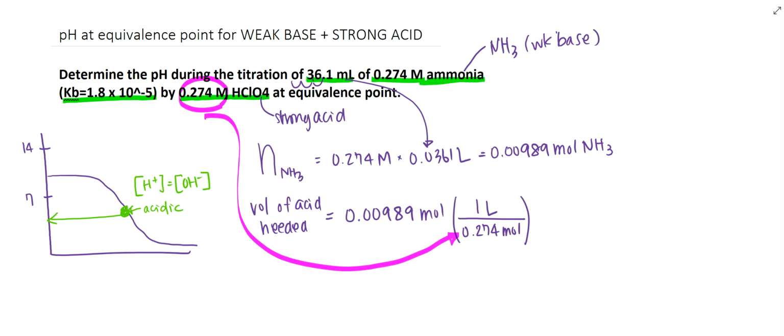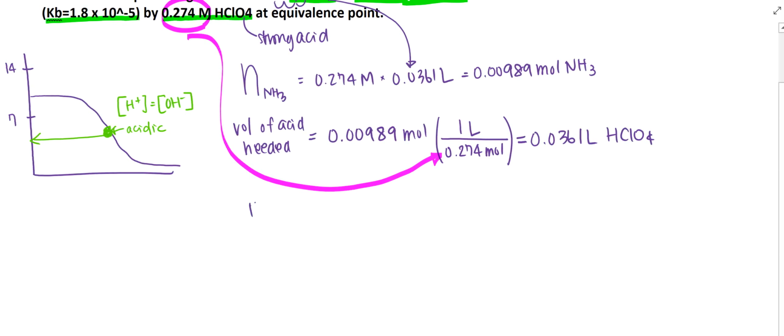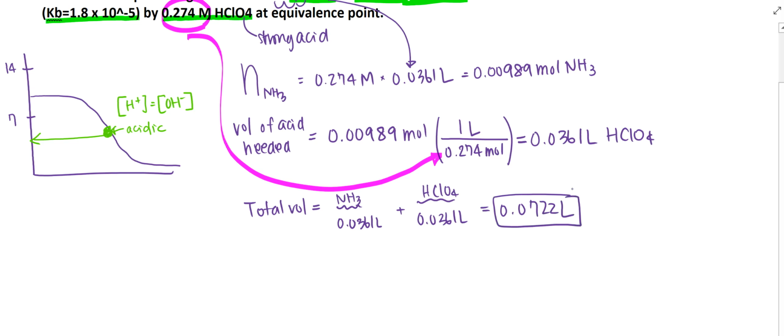Doing this gives me the volume that I need to neutralize this, and it happens to be 0.0361 liters of HClO4. Now we need to calculate the total volume once both the acid and the base have been added. The base contributed 0.0361 liters, and the acid, HClO4, contributed 0.0361 liters, and if you add them up, you end up with 0.0722 liters. So this is the total volume.